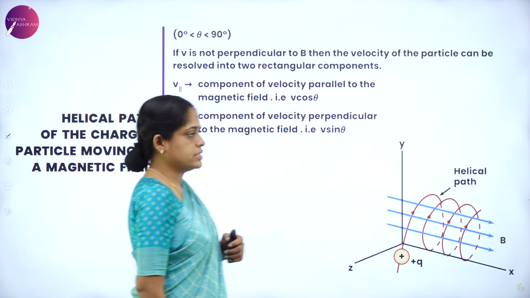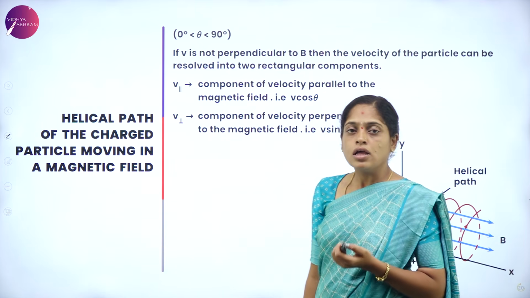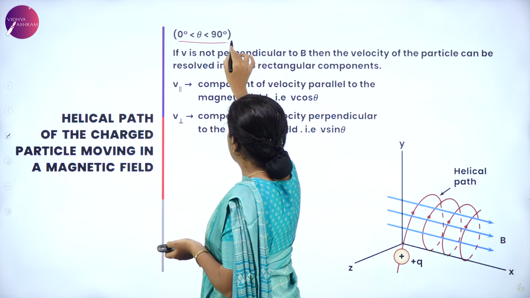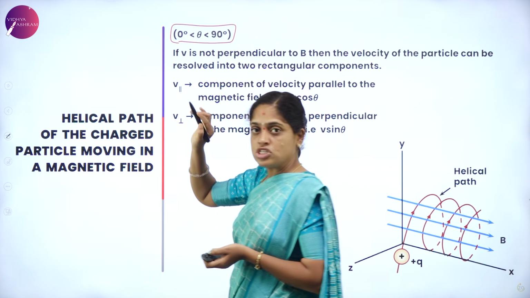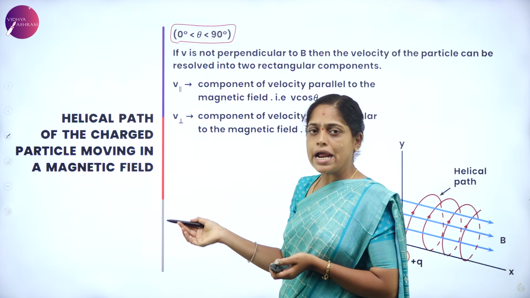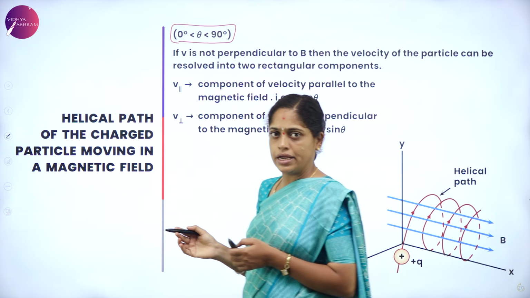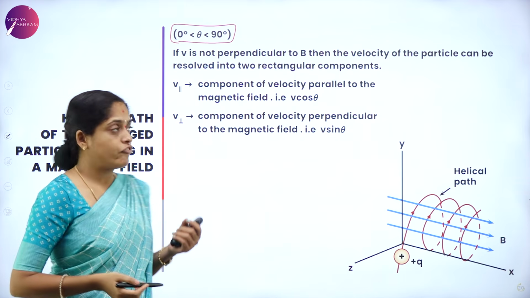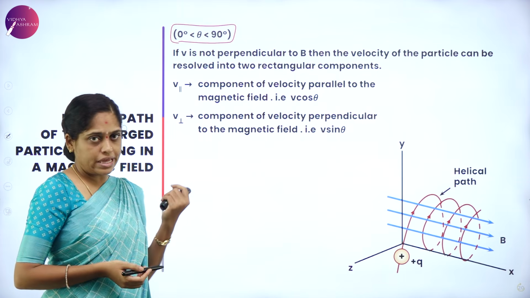The next case is when the angle made by the moving charge is greater than 0 degree and less than 90 degree. Let us find out what is the trajectory of the moving charge in this case.